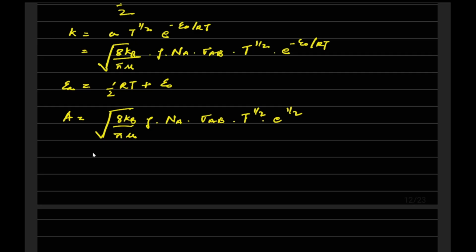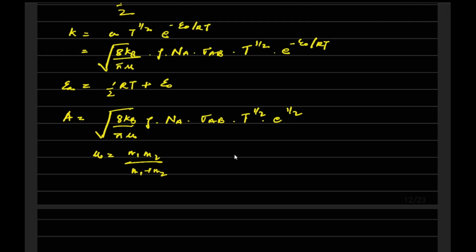Here mu is the reduced mass, that is m1 into m2 by m1 plus m2, where m1 is the mass of the first molecule of the reactant, whereas m2 is the second one.